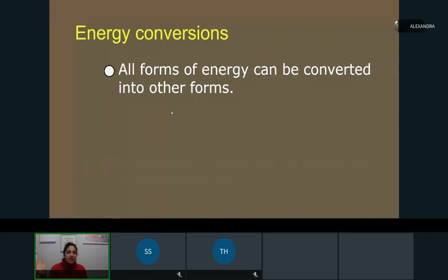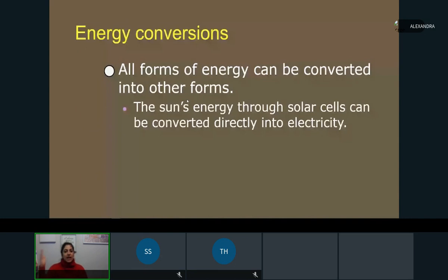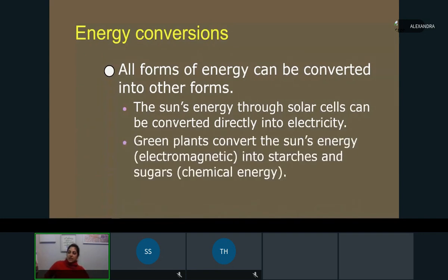And we already said this, all forms of energy can be converted into other forms. Like I was saying, the sun's energy through solar cells can be converted directly into electricity. And green plants convert the sun's energy, which is electromagnetic, into starches and sugars, which is chemical energy.